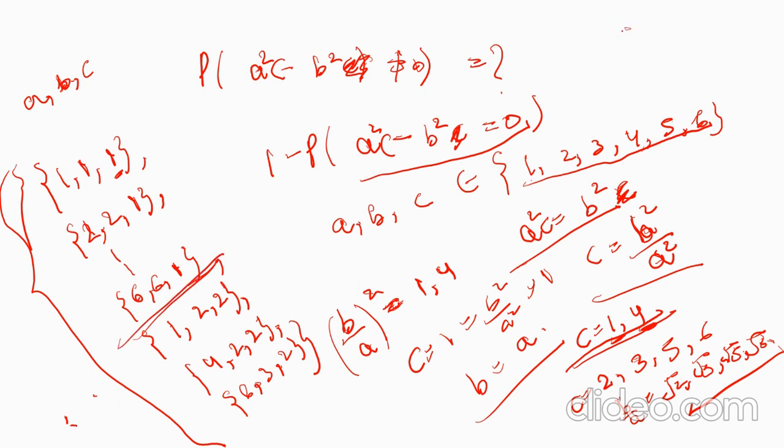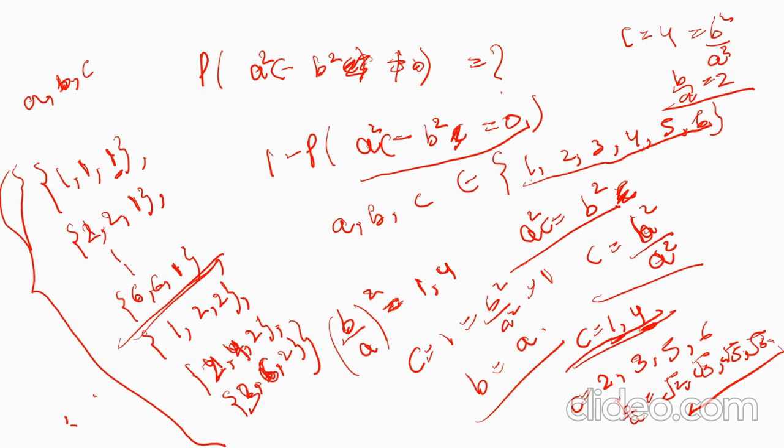Next, we have all the sets when C is equal to 1. Now when C is equal to 4, B square upon A square, that means B upon A is equal to 2. Now B upon A will be 2 when B is equal to 2A, simply. So A is 1, B is 2, and when A is 2, this is 4, and when A is 3, it will be 6, and when A is 4, B will be 8, and this will not come in the set.